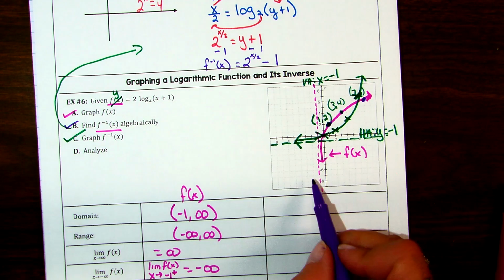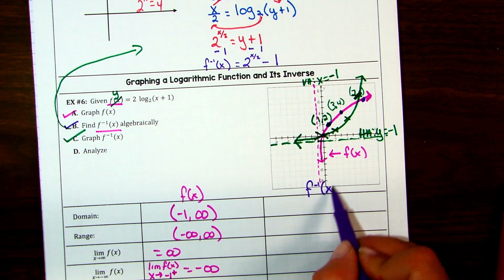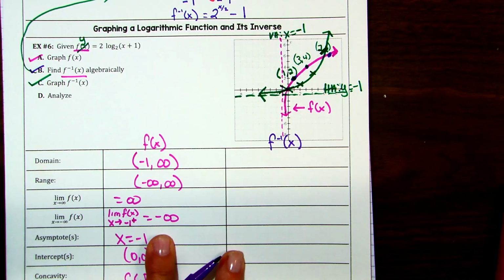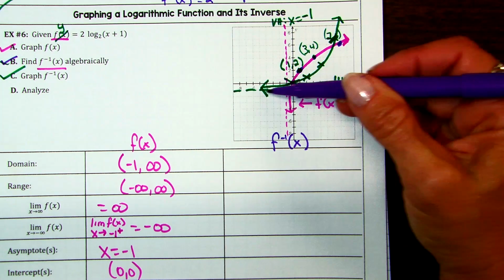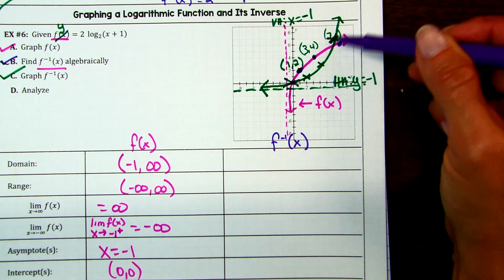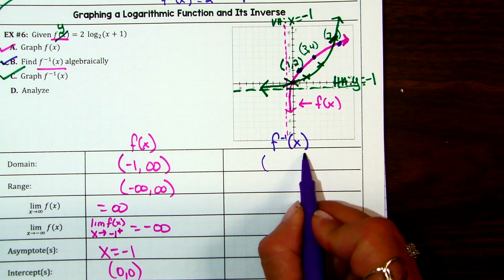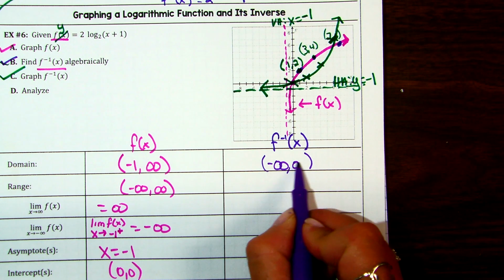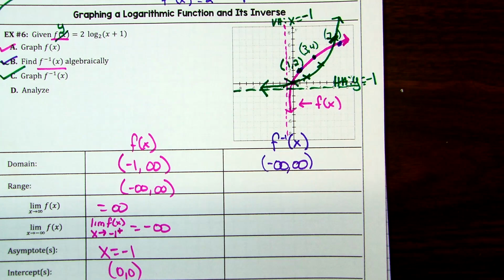Almost done. Let's analyze, and it might be easier to look at mine unless you're using two different colors. So we're looking at the green graph now. What's that domain, y'all? All of them. All those numbers, right? Goes to the left. Nothing is stopping those arrows left and right. How about up and down? We have a HA, so we're getting stopped down here.